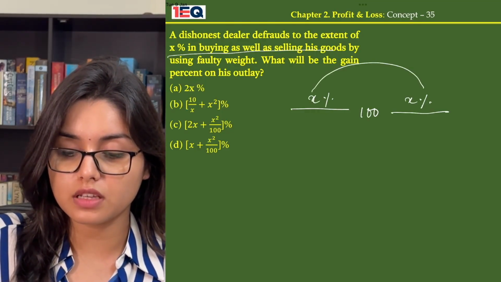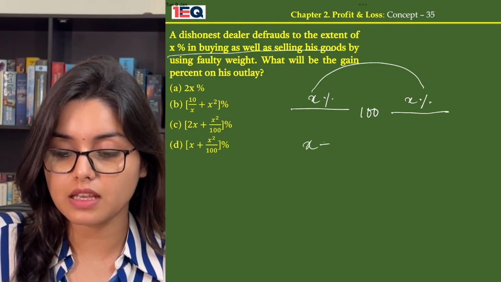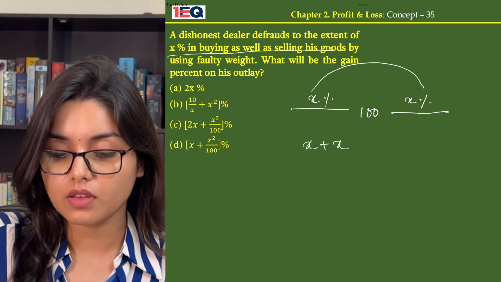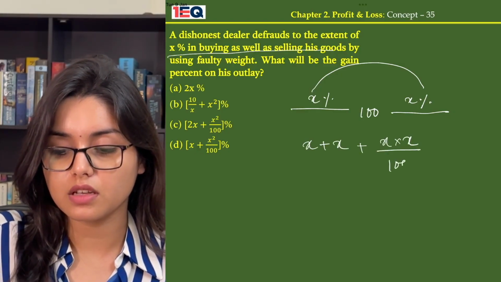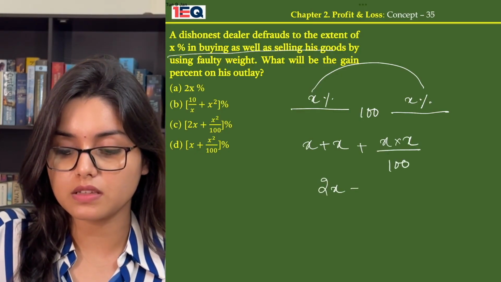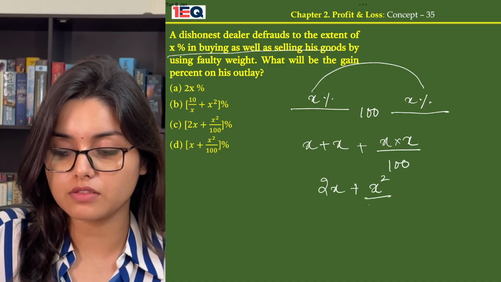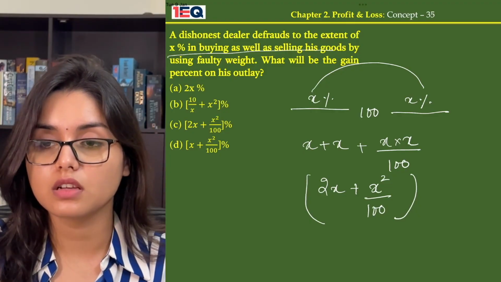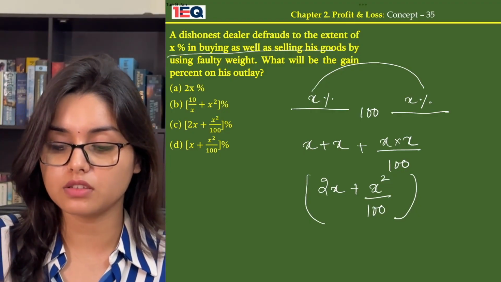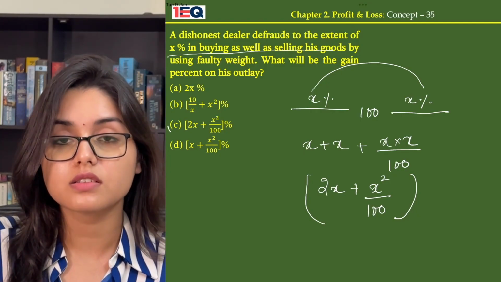Now his profit percent then becomes X plus X plus X into X by 100. That is 2X plus X square by 100. So the profit percent he earns is 2x plus x square by 100%, that is option C.